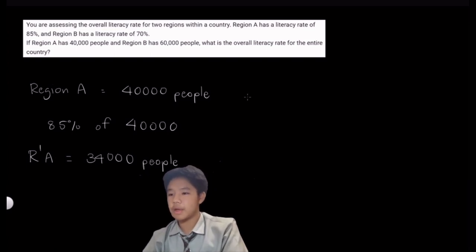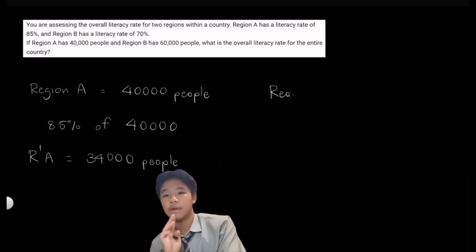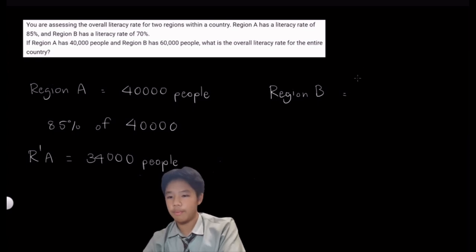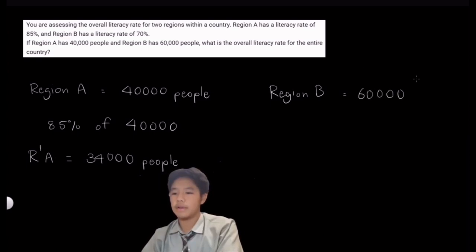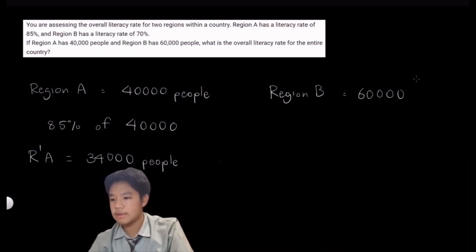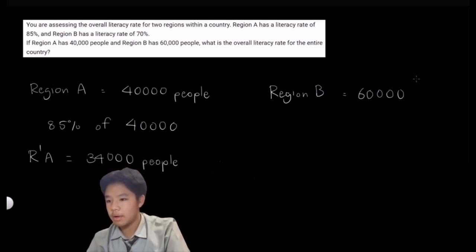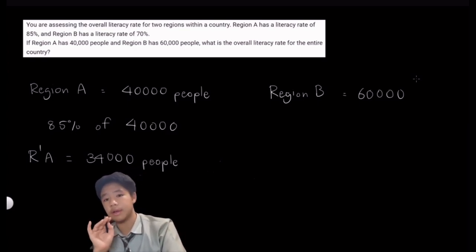Now for the next step, we're going to have to calculate Region B's people. So we're going to have to find out 70% of 60,000, divide 60,000 by 100. Or in this case we can actually do 10 to make it simpler.